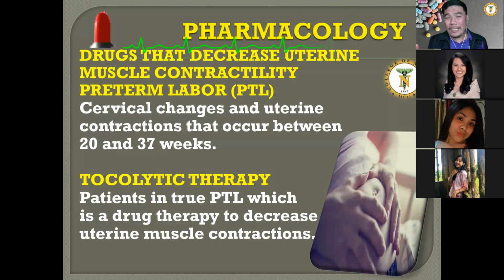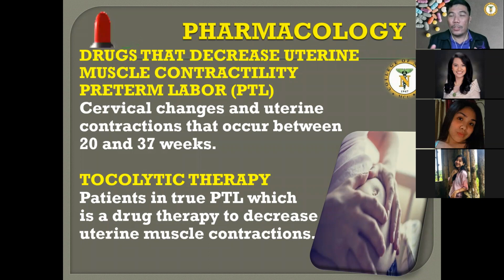So class, remember, we have already mentioned po that there are cervical changes and already identified uterine contraction within a certain period of 20 to 37 weeks. Yung 20 to 21 weeks is the period of viability, na pag nag-reach na sa above the 21, it's already viable, but it's already risky.